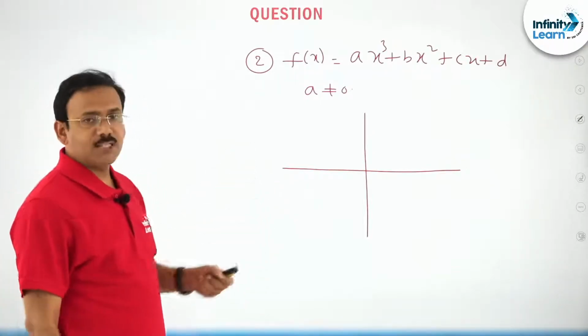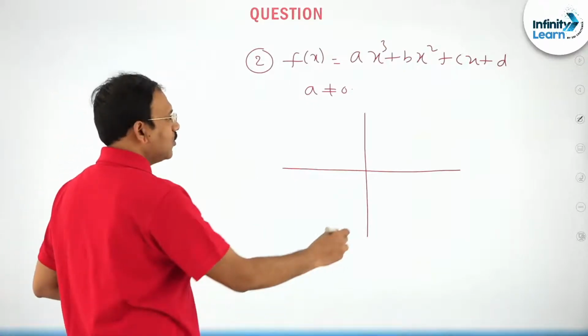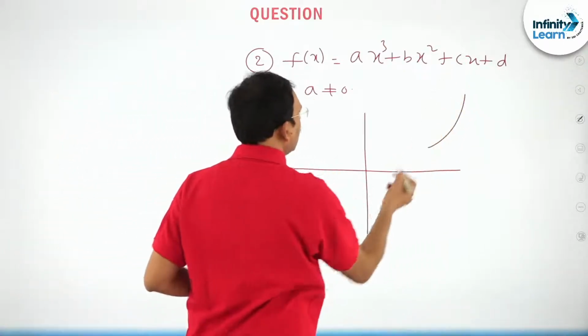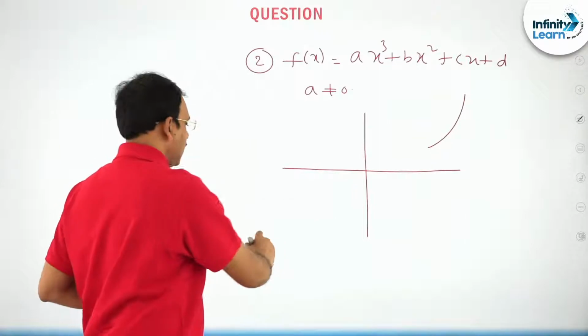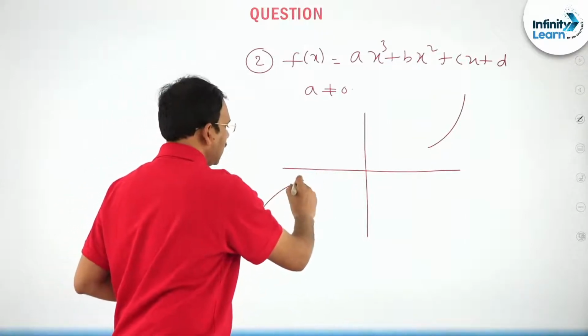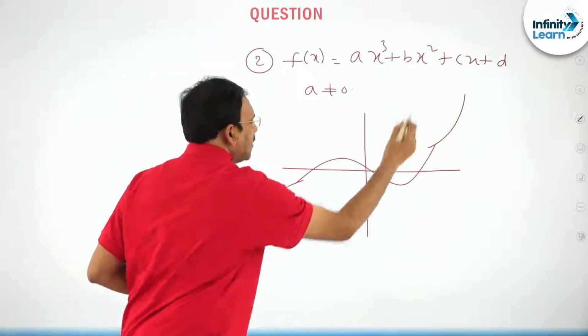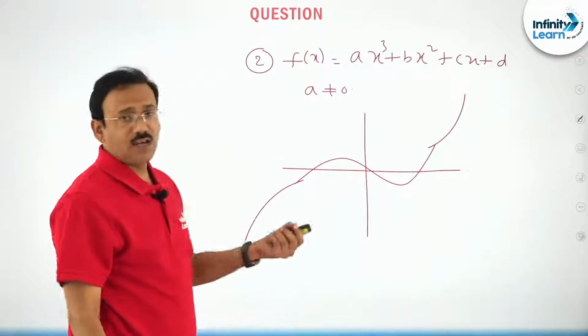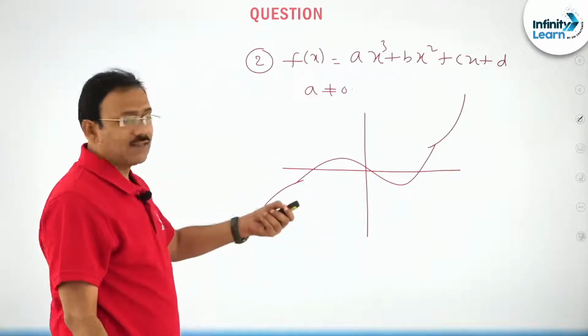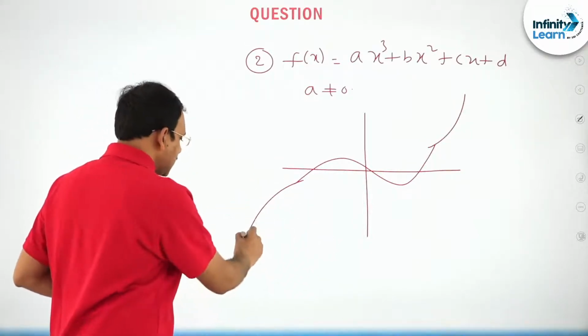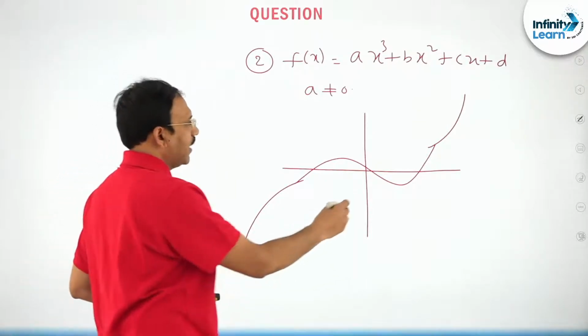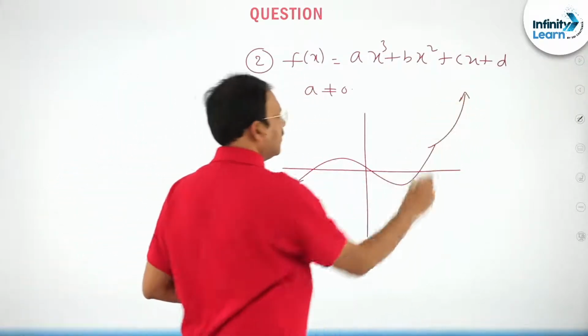Second thing, if a is positive, as x tends to infinity, it must go to infinity. As x tends to minus infinity, it must go to minus infinity. Based on this, it may take two turnings or one turning or something. But one thing is clear, as x tends to minus infinity, it goes to minus infinity, here plus infinity.